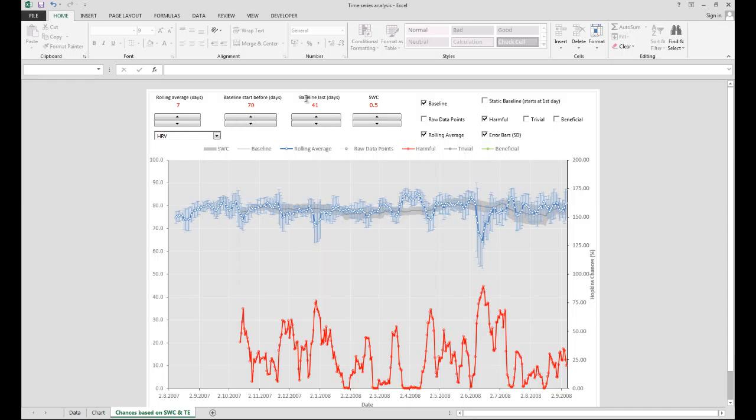As a coach, or as a sports scientist, you're probably going to confuse the coach if you show him this one. So you can set up certain flags and say that if the harmful effect has more than 50% chance, that might be a red flag.